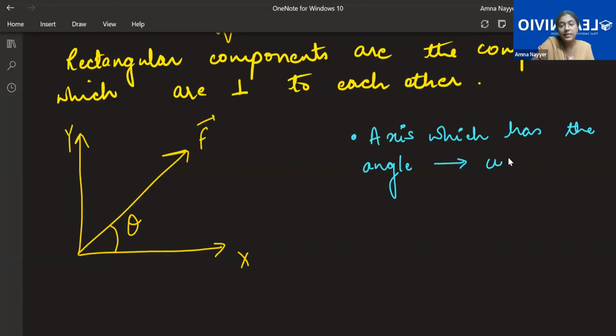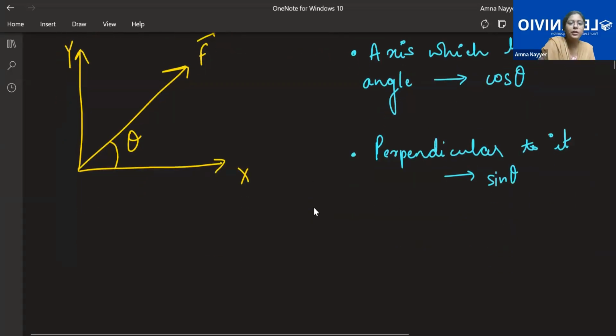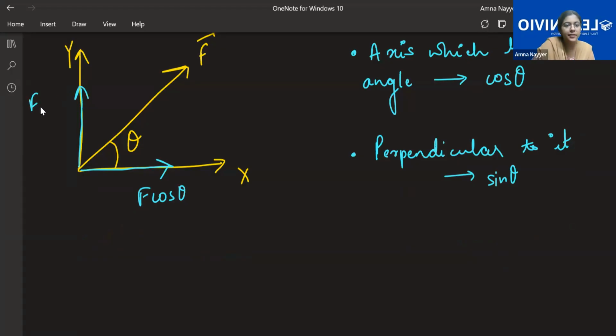That means this will become cos theta, and perpendicular to it will become sine theta. If I want to resolve its components, this side will become F cos theta, and perpendicular to it, where the angle is not adjacent, this will become F sine theta.